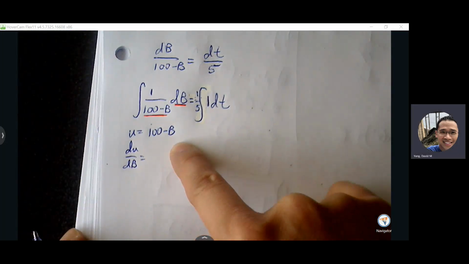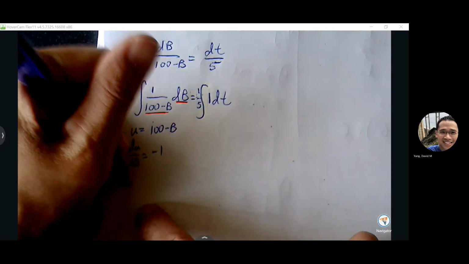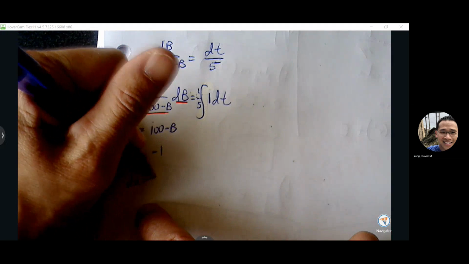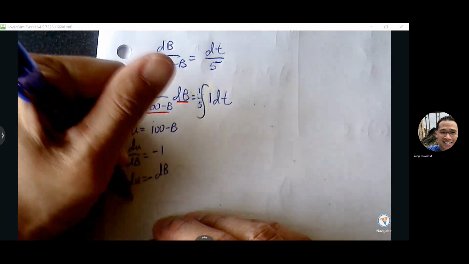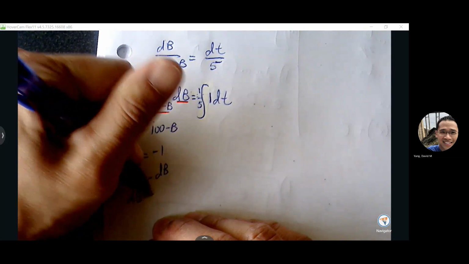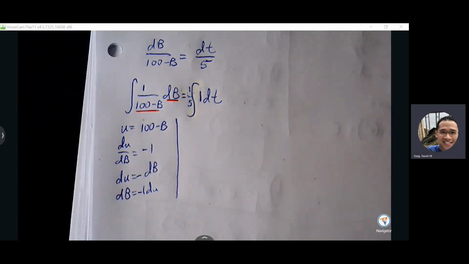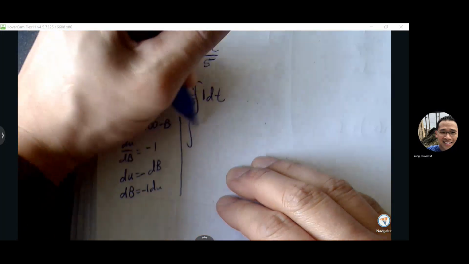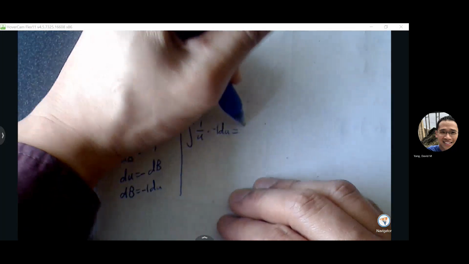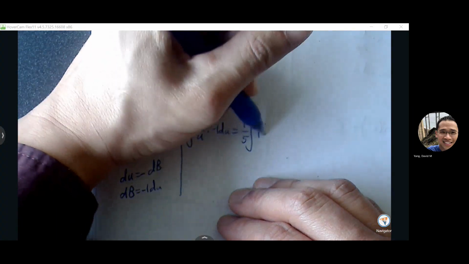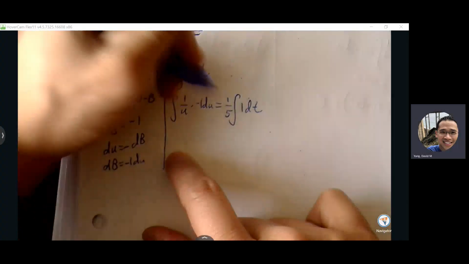Okay, 100 goes to 0, negative b becomes what? Negative 1. We're trying to get everything in terms of u on the left side. Pull the negative 1 outside in front.